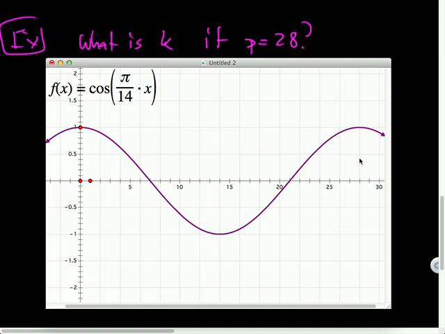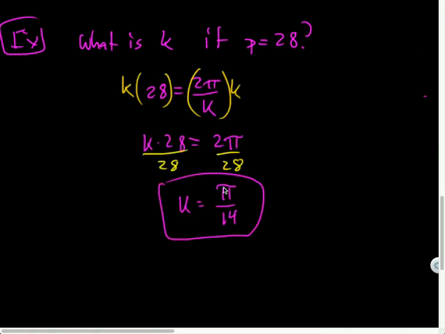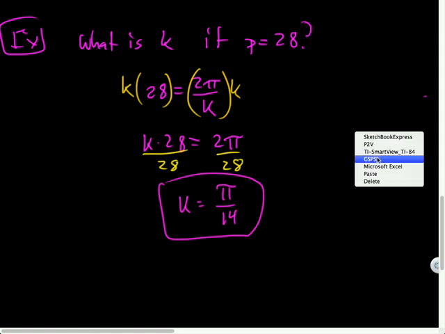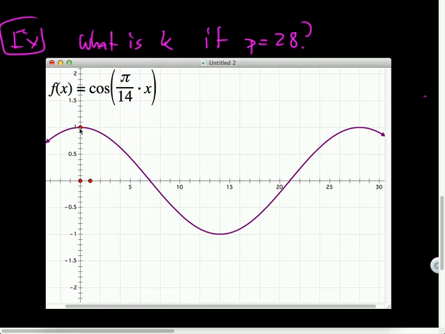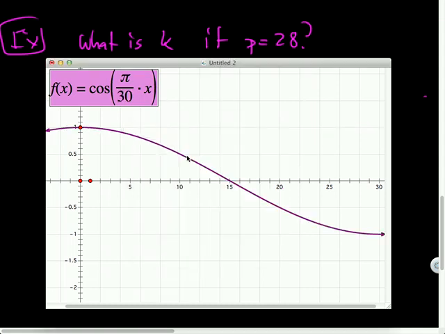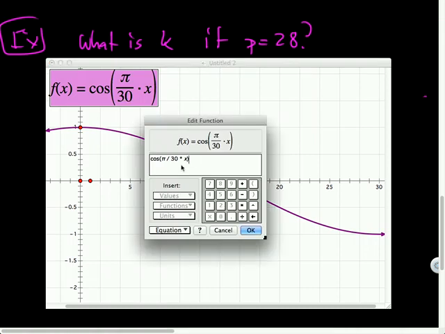Why would it be 28? Because the value of k was pi over 14, and that's the only way this could work out for the period to be not some weird irrational number. I thought period was the distance between summit and summit. Right, it's over at 28 where it completes one full cycle. And if I did pi over 30, that must be a period of 45, maybe?